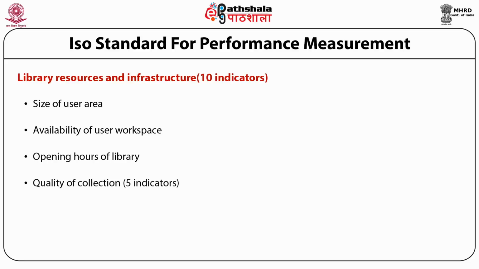Then quality of collection is measured by expenditure on information provision per capita, availability of required titles, ratio of requests received to the requests sent out on the interlibrary, including interlibrary lending, including immediate availability of the required title. 5 indicators. Staff resources and quality of library website are represented by 1 indicator each.